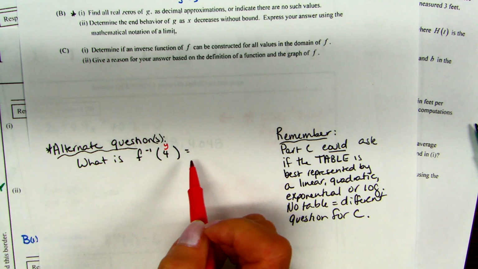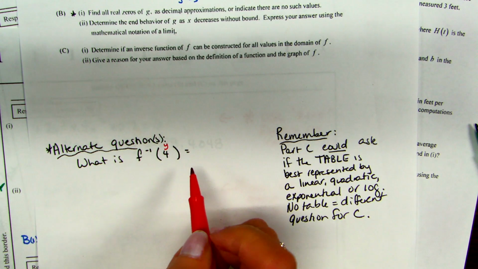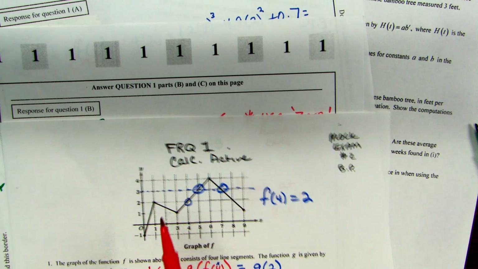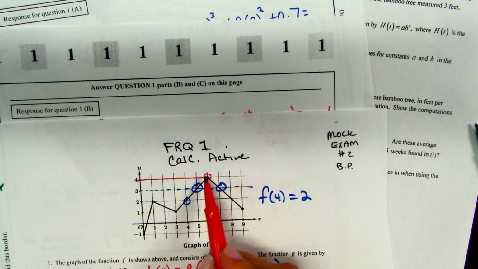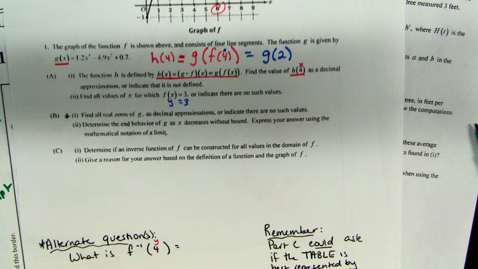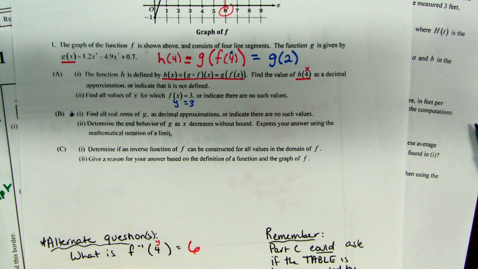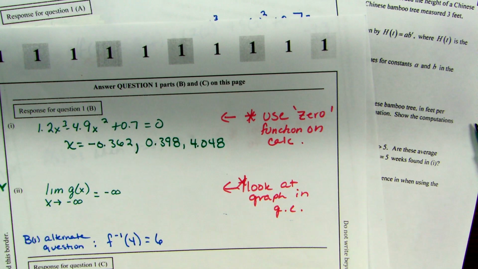So what is x when y is 4 is what it's asking. So again, when y is 4, x is 6. Okay, so you could see that question there instead of finding the zeros. Okay, another easy point, especially if it's that one.